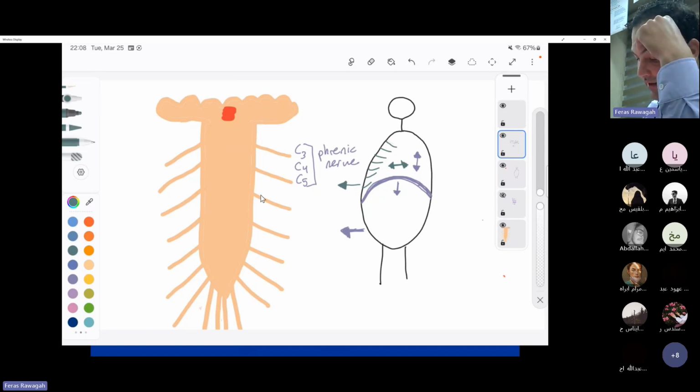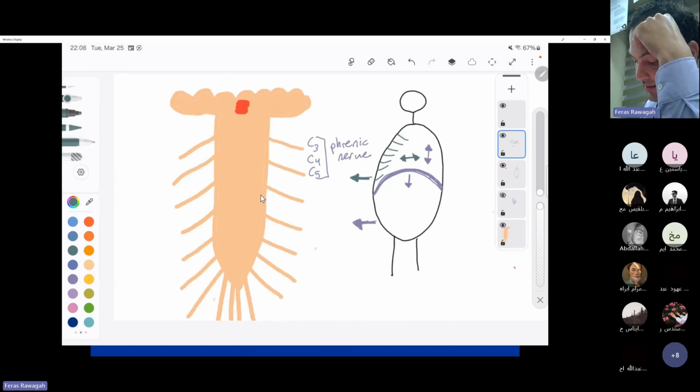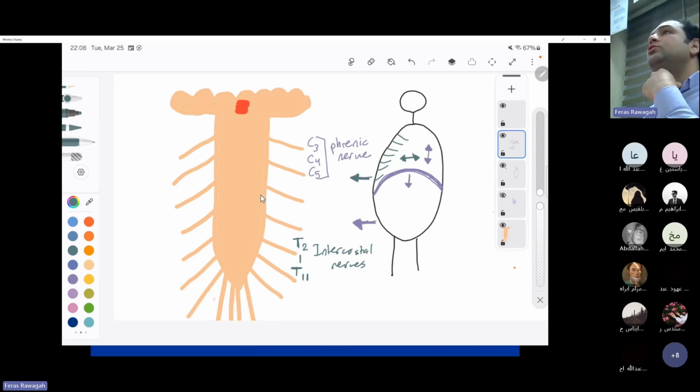And those are innervated by what? By the intercostal nerves. And intercostal nerves come from T2 down to T11. So from T2 to T11 come the intercostal nerves.